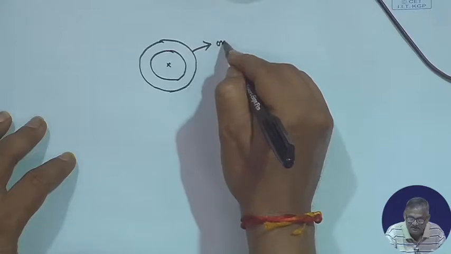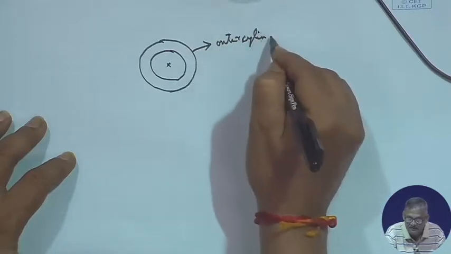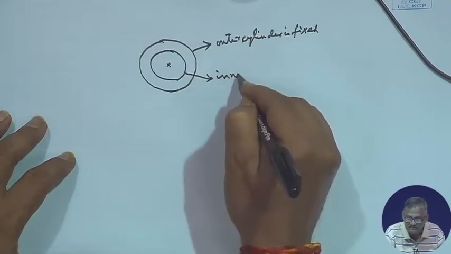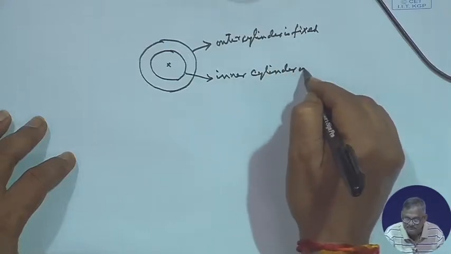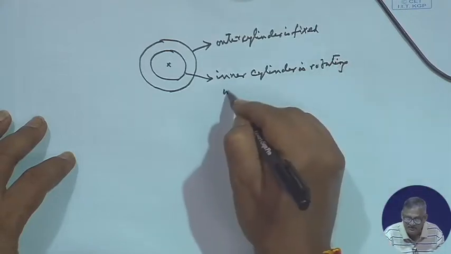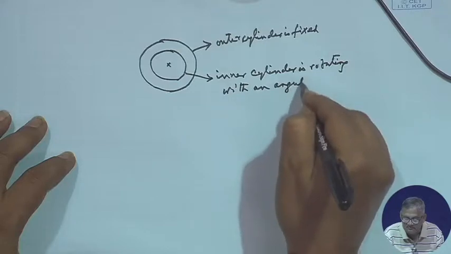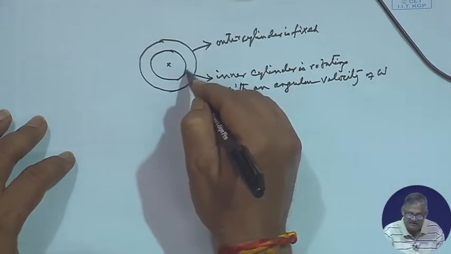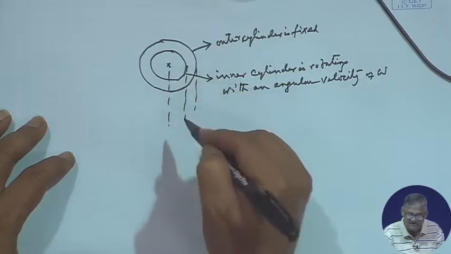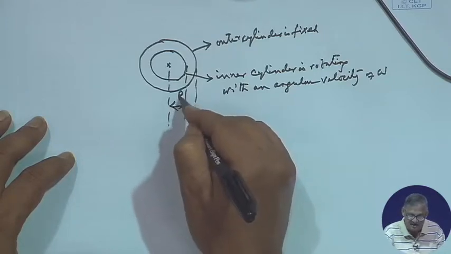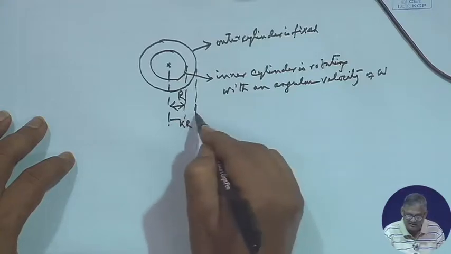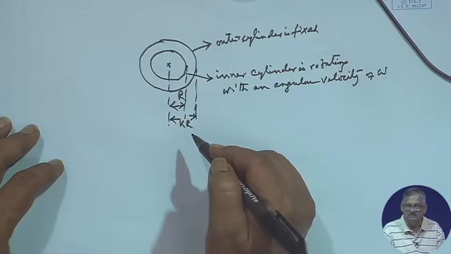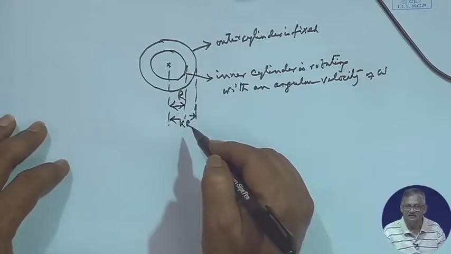This outer cylinder is fixed and the inner cylinder is rotating with an angular velocity of omega, and we gave, as earlier, the same: this is R and this is kR, where k is a multiple more than 1, so that kR is greater than R.